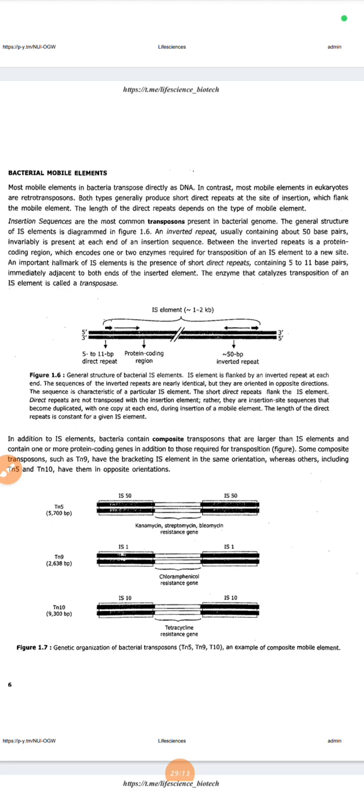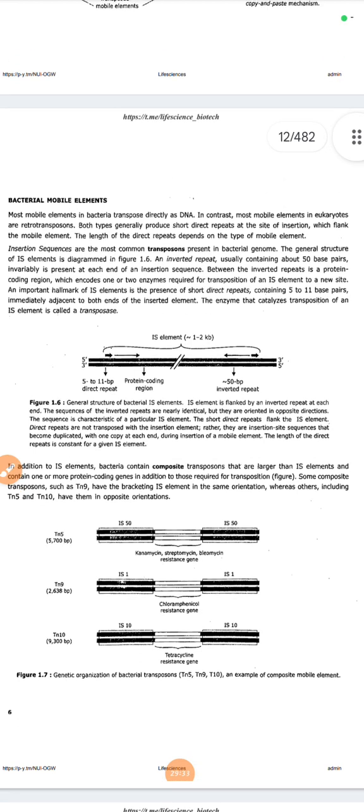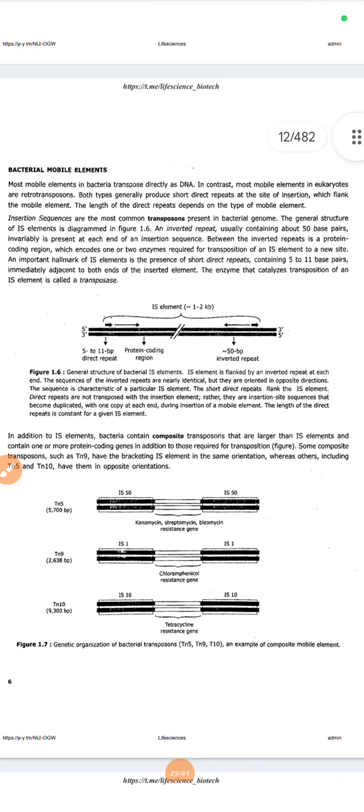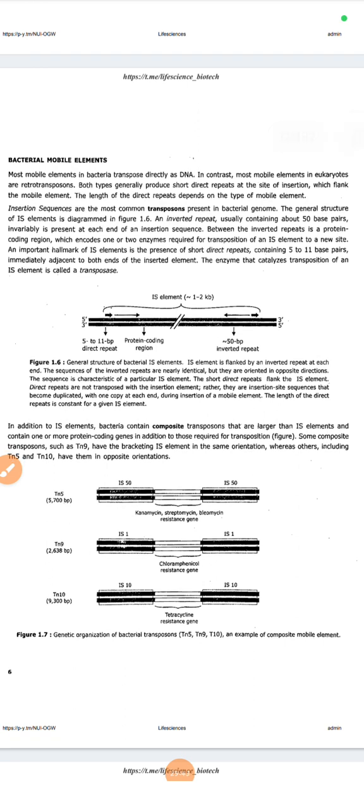You can see in the picture there are some repeats flanking the mobile element, and the length of the repeat depends upon the type of mobile element, which we will discuss.